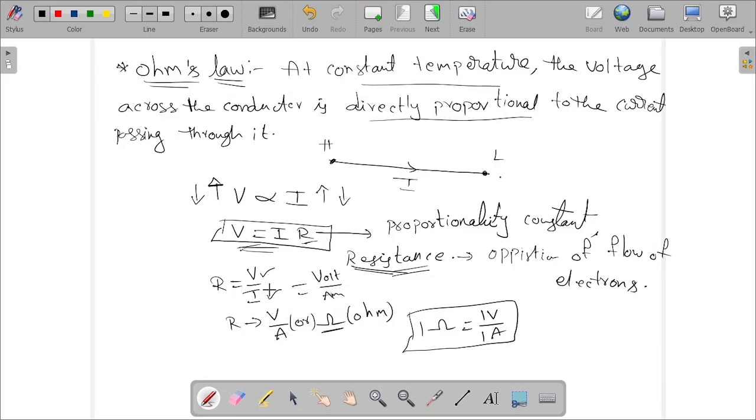From this, if the current increases, resistance decreases, and if current decreases, resistance increases, as resistance is inversely proportional to the current.